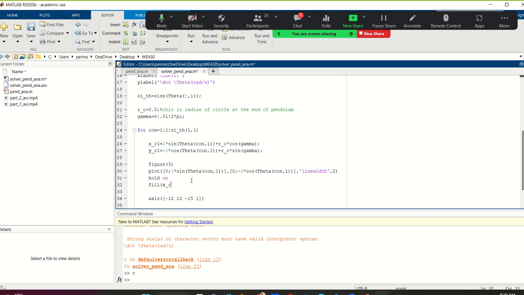Fill xc1 and yc1, with which color? With the color red. That's it. Okay, so let me run it and debug it.